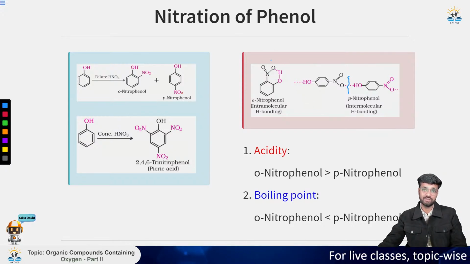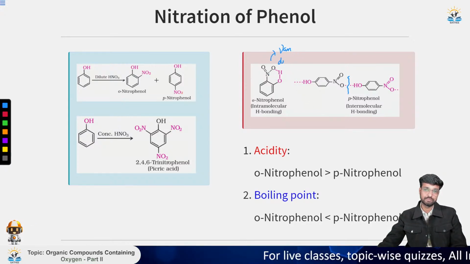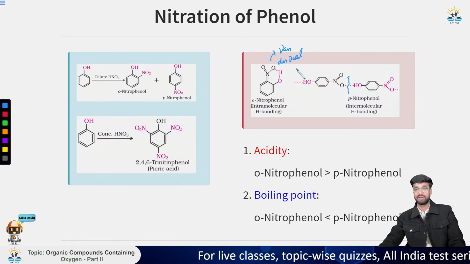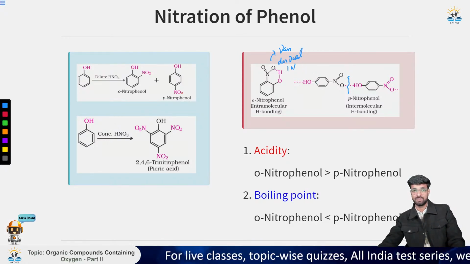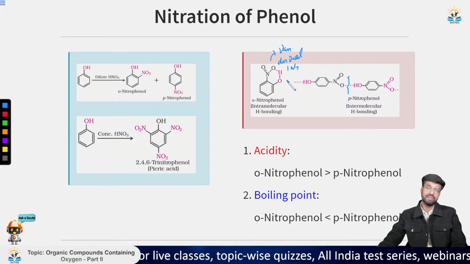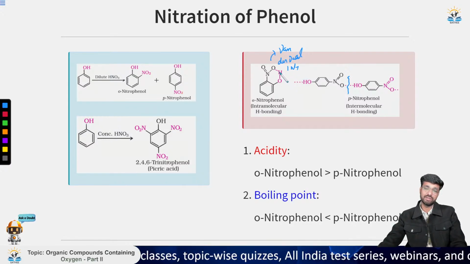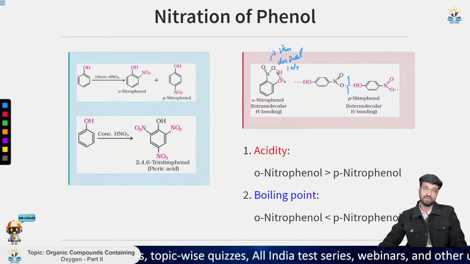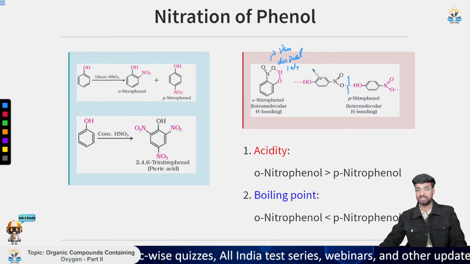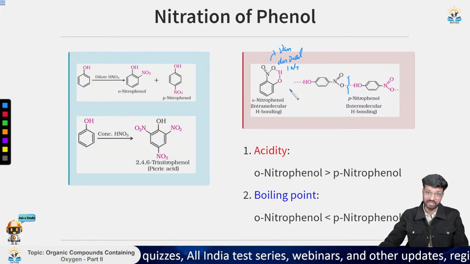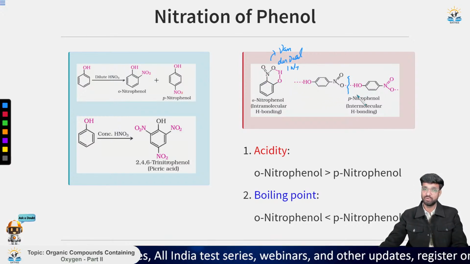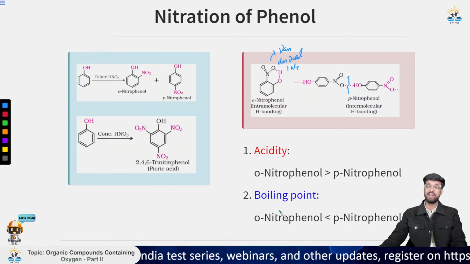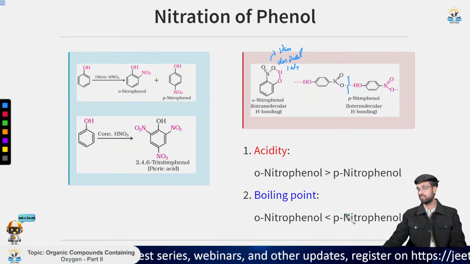Intramolecular has only van der Waals type of interaction. It can have intermolecular, but since this hydrogen is distributed between this molecule and the other molecule, it is not that efficient intermolecularly. So this one is more efficient, so it will require more energy, and hence the boiling point of paranitrophenol will be higher.